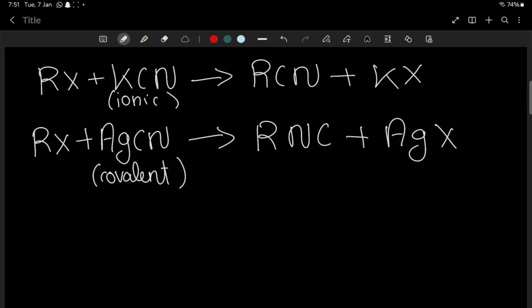You know that the carbon-carbon bond is more stable. For KCN, carbon and nitrogen both are ready, so carbon will form the bond with the alkyl group. But in AgCN, carbon is not free for bonding, so nitrogen bonds with the alkyl group. That way we get isocyanide.